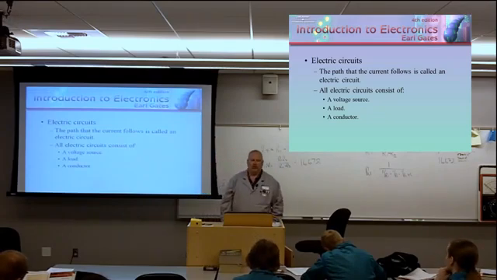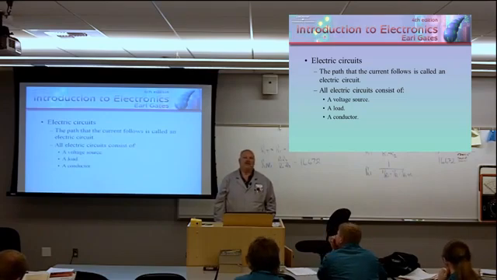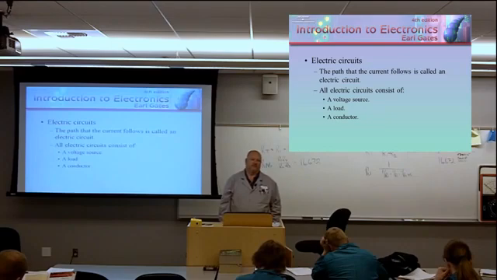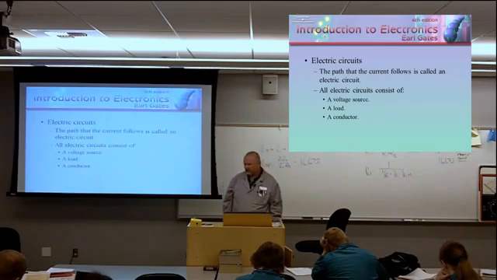A controlling device is used to control the flow of current in the circuit. And the 5th optional device that you could have inside a circuit is a protective device. An easy example of this is a fuse, a circuit breaker, a fusible link, a thermal circuit breaker. These are all examples of protective devices.